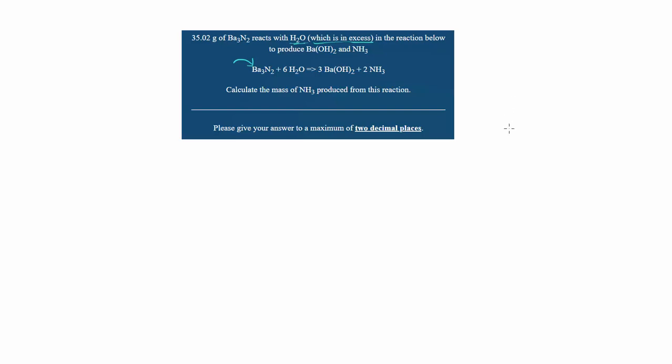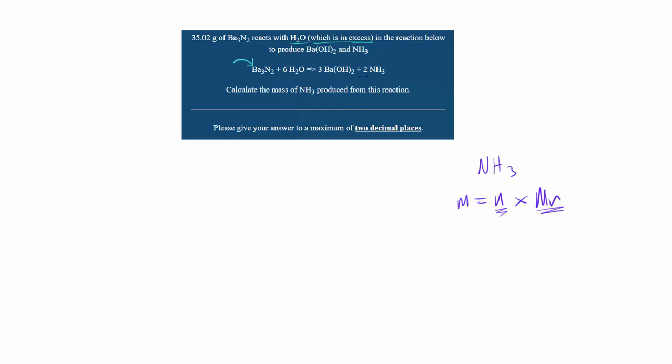So from an NH3 perspective, we've been asked to calculate the mass, right? And we know that the mass is equal to the number of moles multiplied by the molar mass, okay? Now, the molar mass we can work out from the periodic table, but the moles we can't directly.